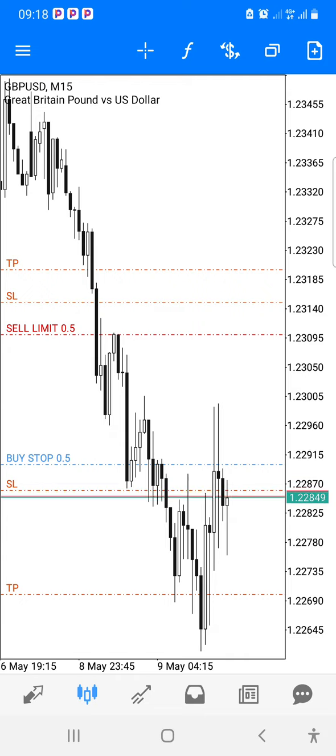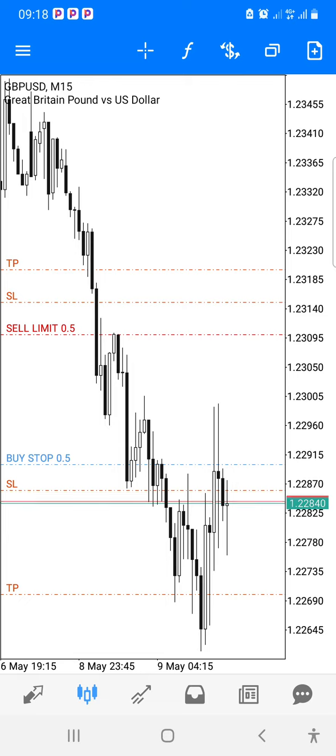The fact that my SL is below doesn't mean the order has triggered. It means that until price goes to 1.2290, that's when my order is now in motion. At that point, when price is 1.2290 and it starts coming down and hits 1.2280, that's when my buy stop order will be in loss.